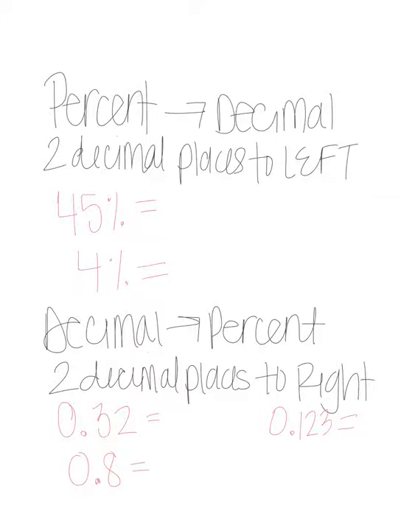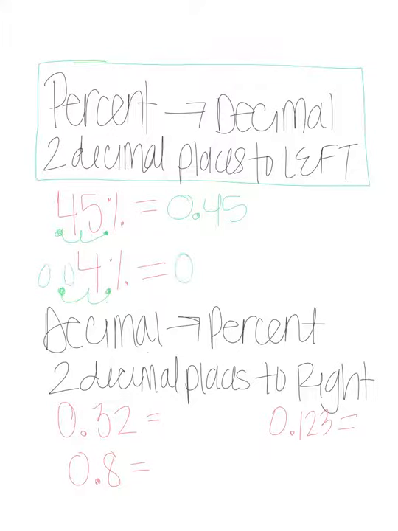Okay, just another note if you didn't get it down, second chance to get it down. Percent to decimal, 2 decimal places to the left, so 45%. Here's my invisible decimal, 1, 2, 0.45. Here's my invisible decimal for 4%, 1, 2, add a 0, 0.04.